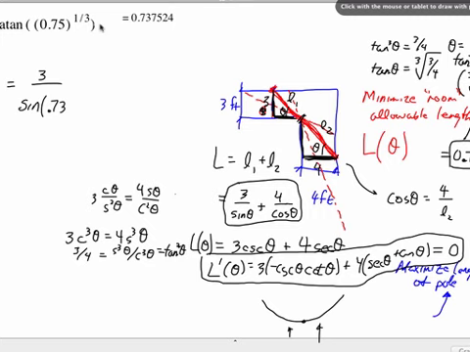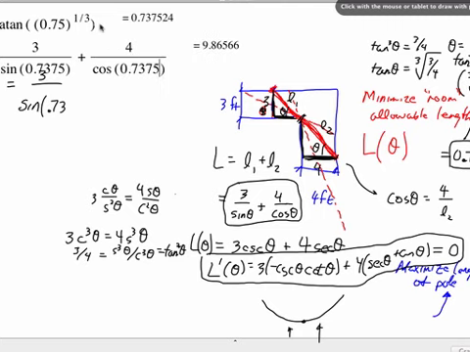So we can do 3 divided by sine of 0.7375, let's say, plus 4 divided by... so 9.8, was it in feet? Yeah, in feet.